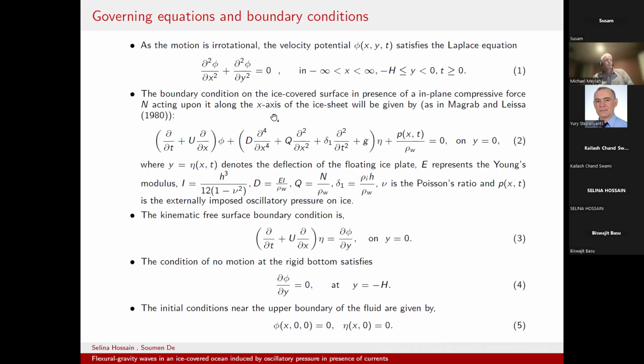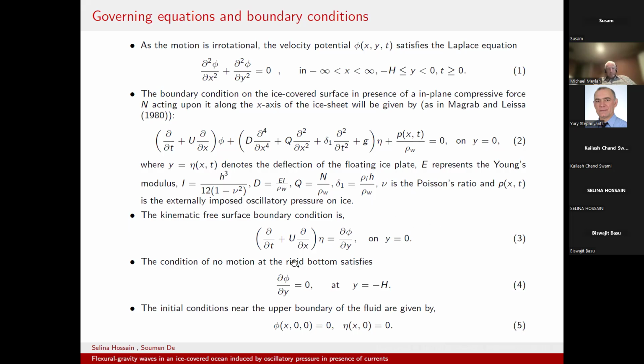The boundary condition on the ice-covered surface in presence of an in-plane compressive force capital N which acts upon the ice sheet is given by equation number 2, where eta denotes the deflection of the floating ice plate, E represents Young's modulus, I is the expression given as h cubed by 12 into (1 minus nu squared), D denotes the flexural rigidity, Q is the compressive force which is divided by rho_W, and delta_1 is equal to rho_I h by rho_W. And p(x,t) is the externally imposed oscillatory pressure.